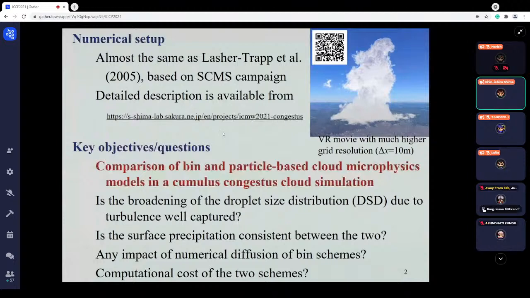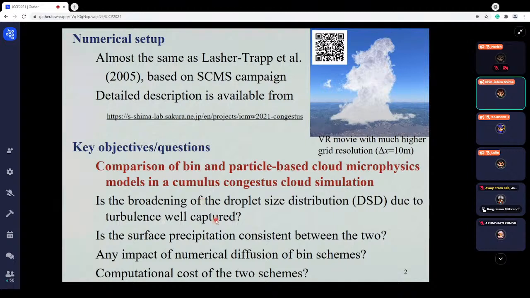And if you are interested, please also take a look at the VR, virtual reality movie on YouTube. This is from the same case, but a little bit higher grid resolution. Delta XYZ is 10 meters for this simulation. But for our case study, we specify the grid resolution to be 50.